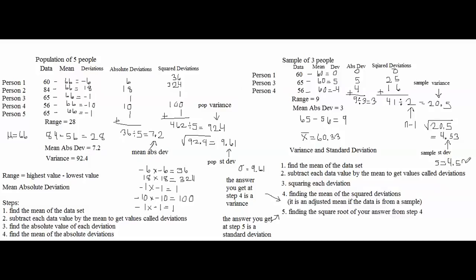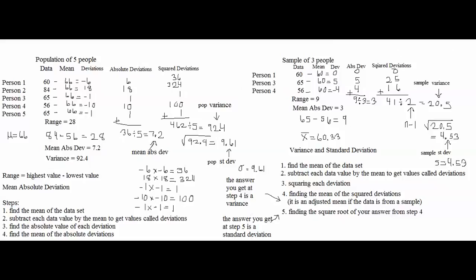And one of the most important things as we go on is to remember that a population mean isn't the same thing as a sample mean. And also that a population standard deviation isn't the same thing as a sample standard deviation. If you can remember those things, that'll make a lot of the later topics a lot easier.